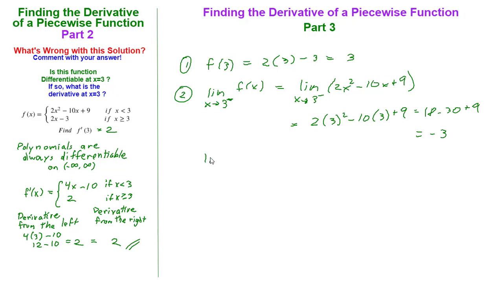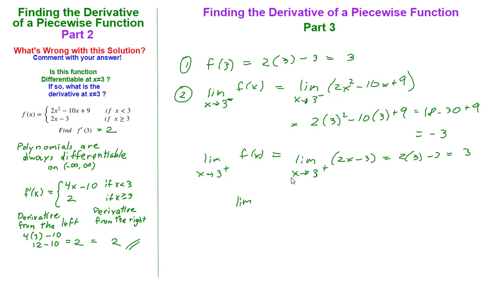So let's look at what the limit as x approaches 3 from the right side would be. If we're approaching 3 from the right side, we're going to use the expression where x is greater than 3. So that's going to be 2x minus 3. So we'll have the limit as x approaches 3 from the right of 2x minus 3. That will be 2 times 3 minus 3, which equals positive 3.